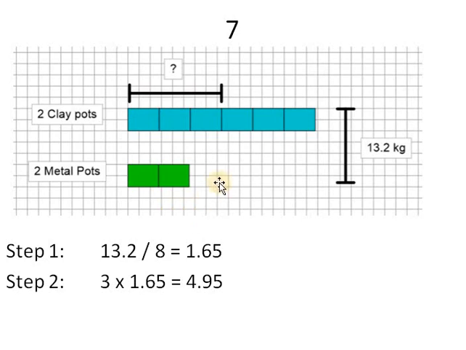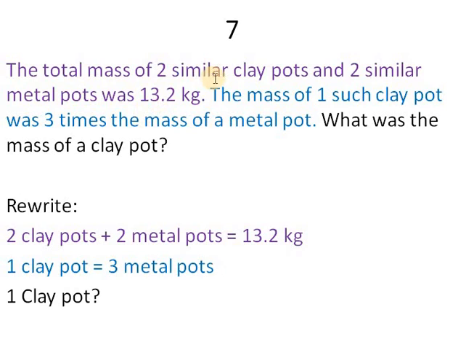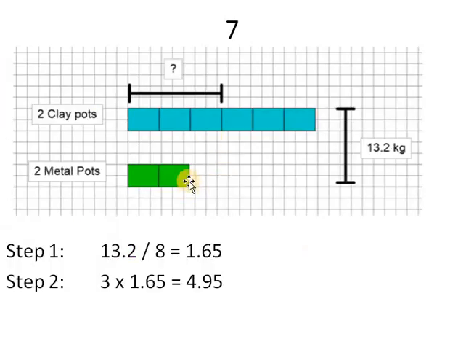So the first thing we need to do, now this one becomes feasible. There are 8 parts. If we only see the sentence, we do not know where the 8 parts come from, because there's no 8 over here. But if we go deeper and draw the models, we can see that there are 8 parts for the 13.2.